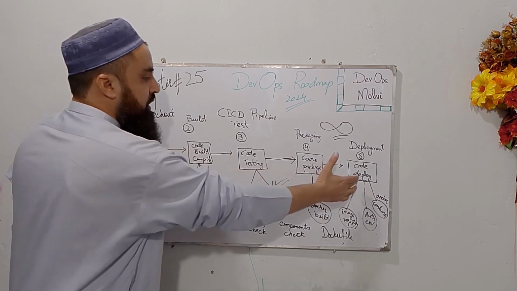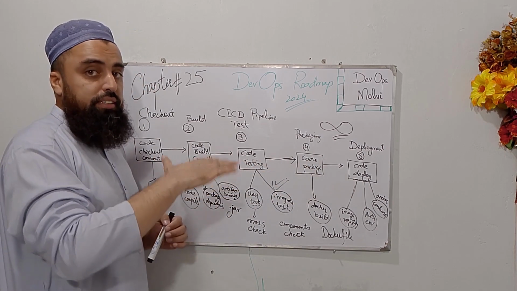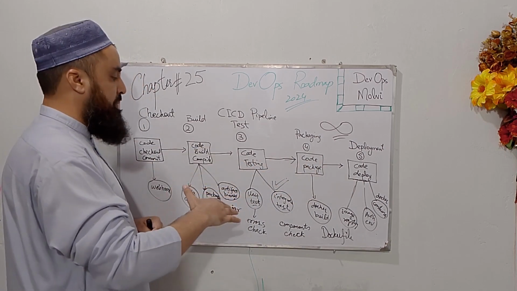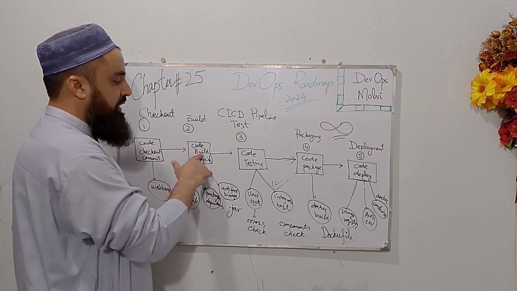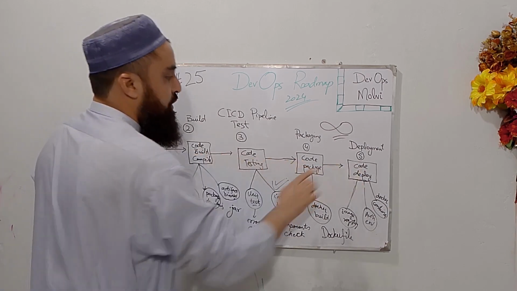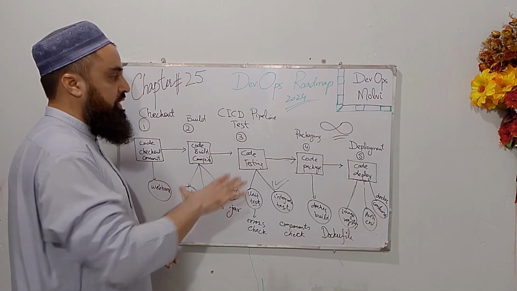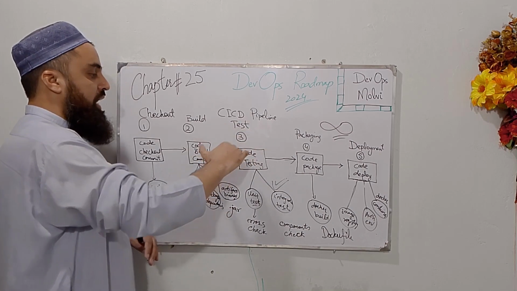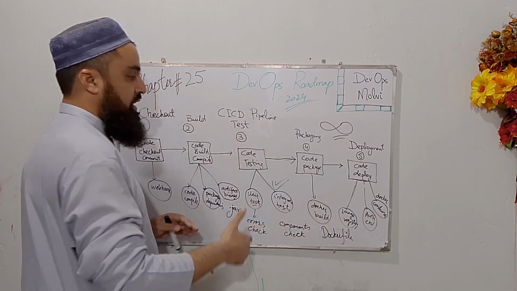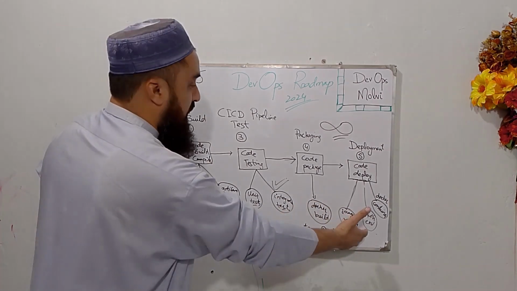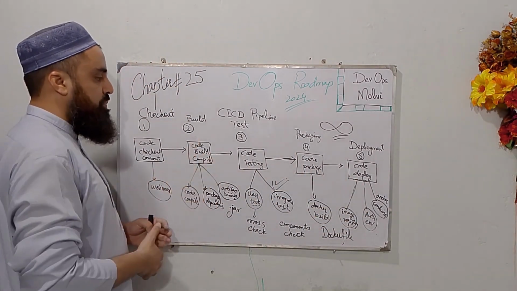But these are the five general CI/CD pipeline steps: code commit or code checkout, code build, code test, code package, and code deploy. You must know these five major steps of a CI/CD pipeline, and you saw that we created subtasks for each of them.